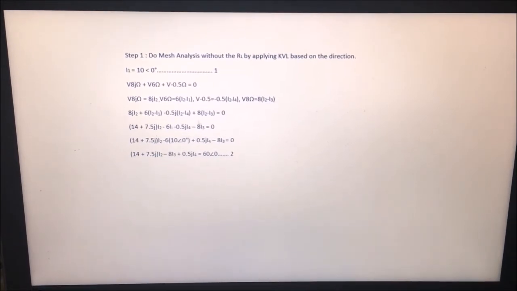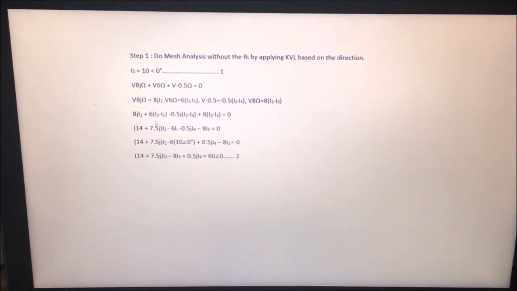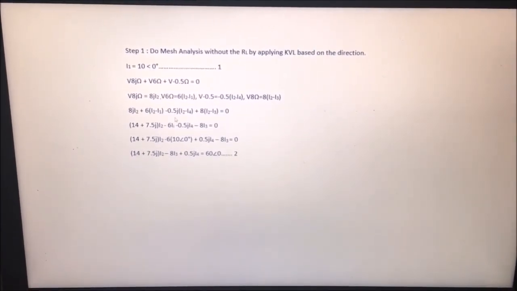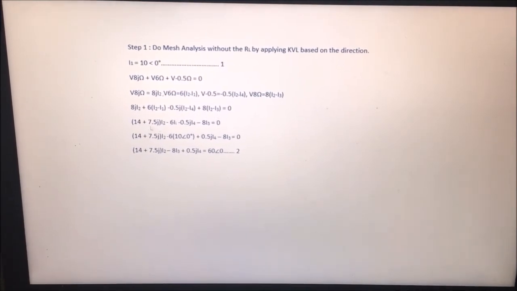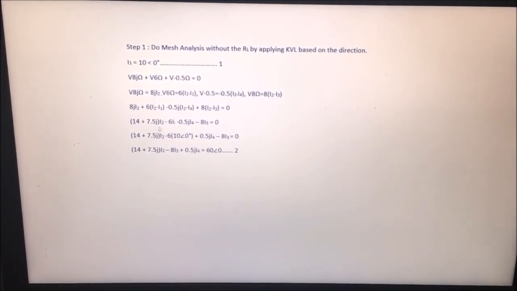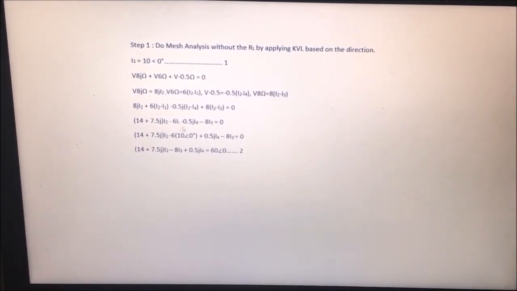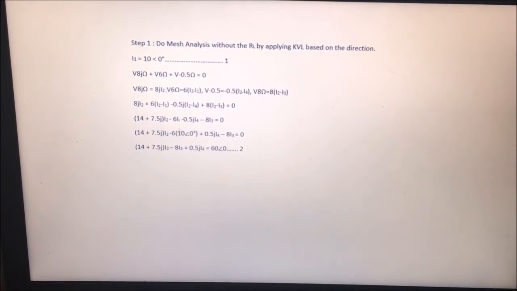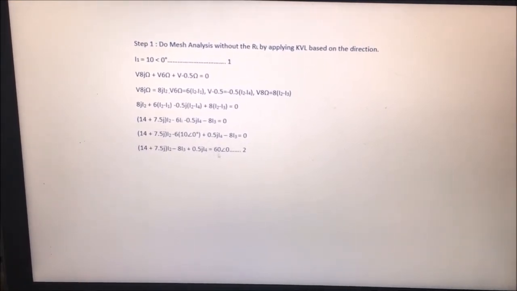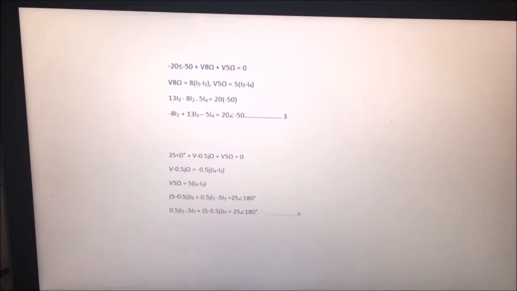I1 is given, and 8j I2 plus 6 (I2 minus I1), 0.5j I2 I4, 8 I2 I3 I4 plus 7.5j times I2 minus 6 I1, 0.5j I4 minus 83 equals 0. Then we have to expand this, and then lastly we will get this equation for loop 2.